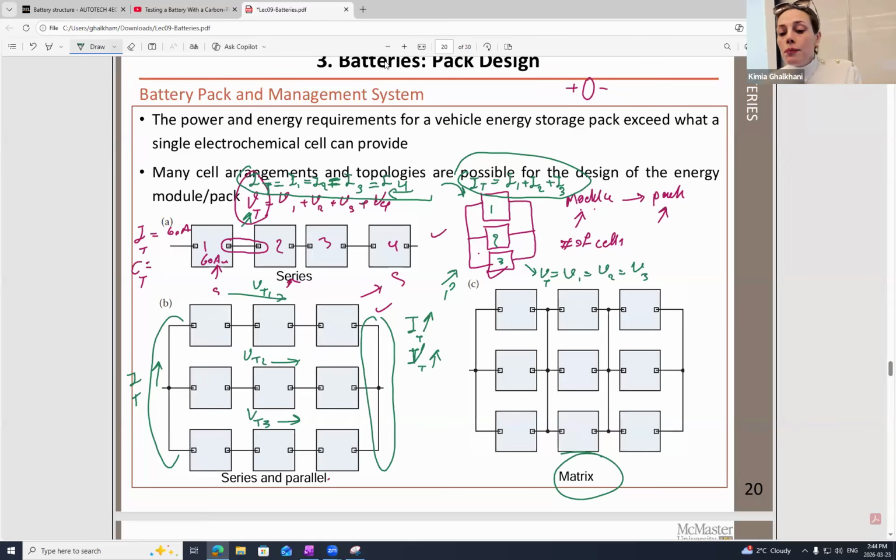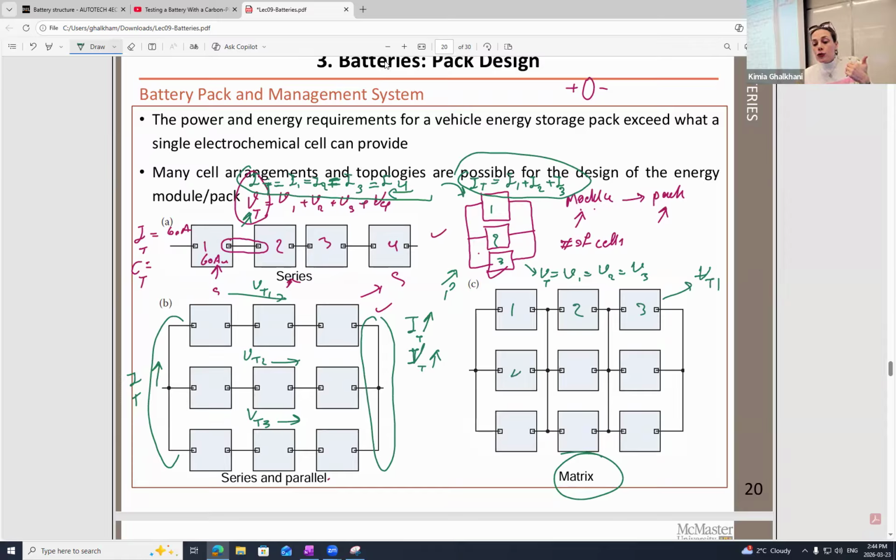But sometimes it is even better to have a mixture of all of this connection. In here, you can see this first row, everything in here has both series and parallel connection, which makes it even more efficient in terms of pack design. So for example, if you consider 1, 2, 3 in here, VT1 is increased in here.